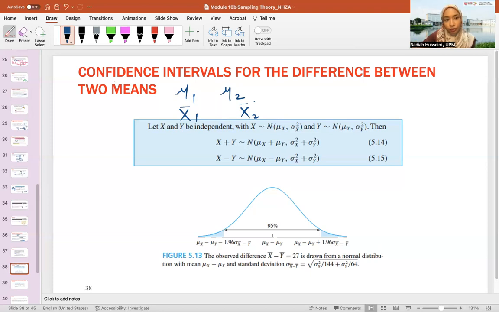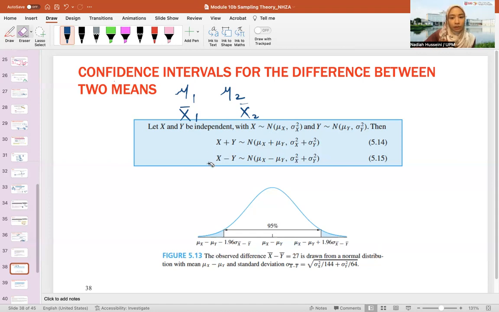We have two populations where X follows the normal distribution with this mean and this variance, and Y follows a normal distribution with this mean and also this variance. Then X plus Y follows the normal distribution, whereby the mean is the addition of these two means, and the variance is just the addition of these variances.